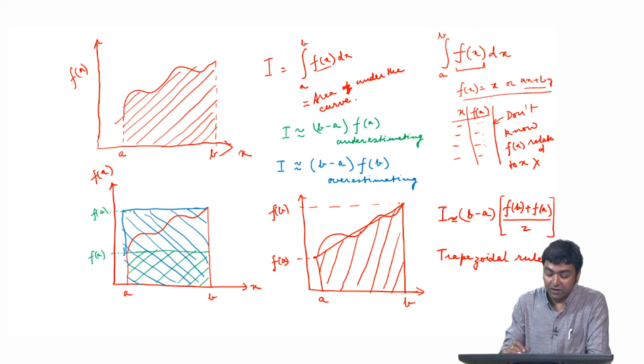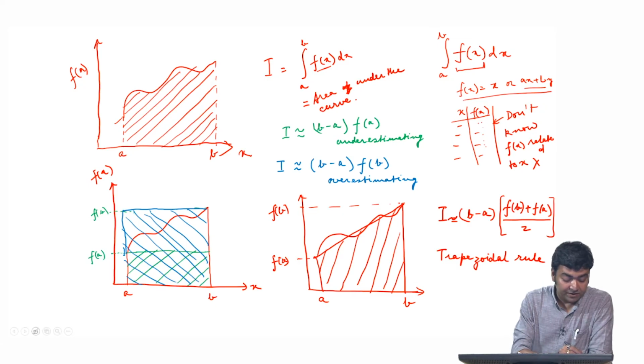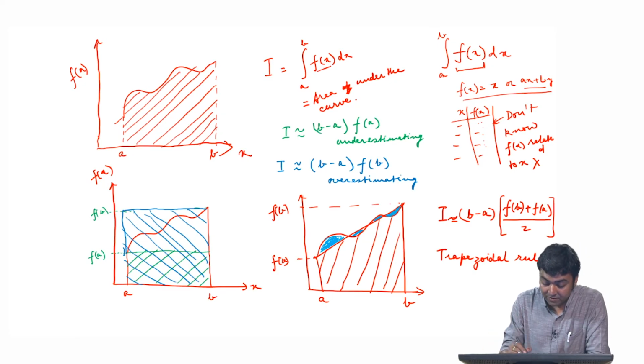If you see here, there are still numerical errors in this calculation, but these errors are primarily restricted to these shaded regions. Here we are overestimating in this region, we are missing out this part here, we are again overestimating this part, and here we are underestimating and overestimating at this point, sorry for that error.